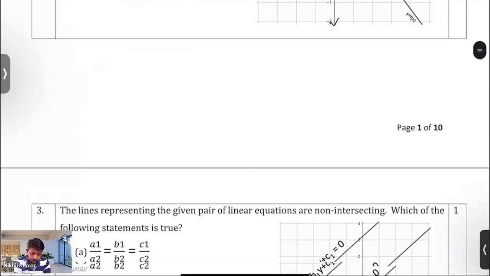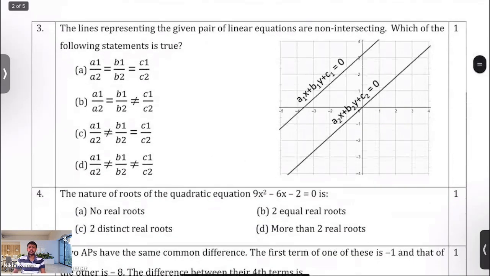Let's move on. Let's look at the third question now. So we have a pair of lines drawn on the graph paper. These pair of lines actually represent a pair of linear equations.